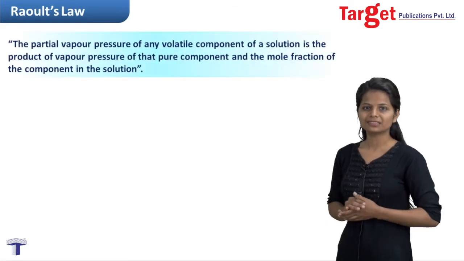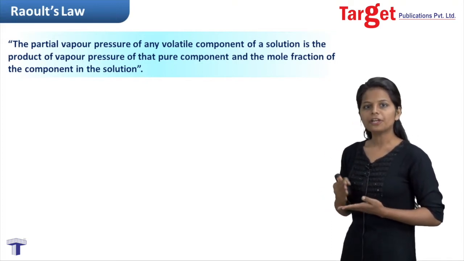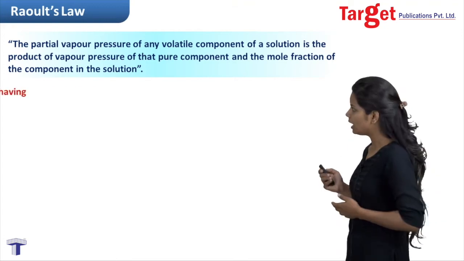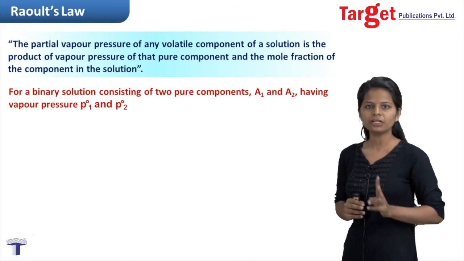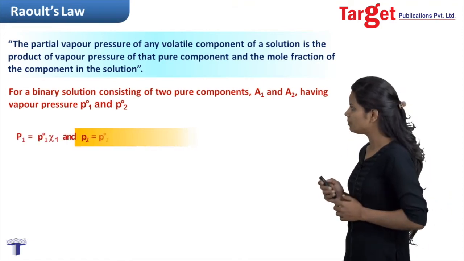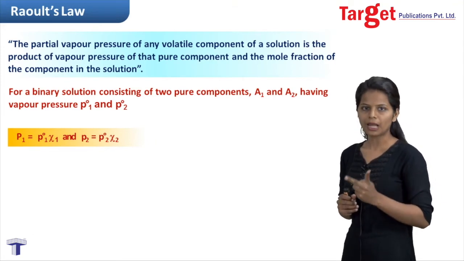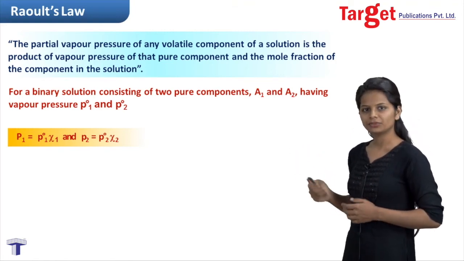What this law says is that the partial pressure of any volatile component in the solution is simply the product of the vapor pressure of that pure component and its mole fraction in the solution. Assuming there is a binary solution made up of two components, A1 and A2, the partial pressures of these two components can be written as P1 equal to the product of its vapor pressure and mole fraction, which is P1 equal to P01 into X1.